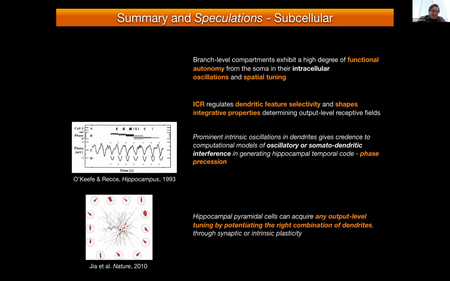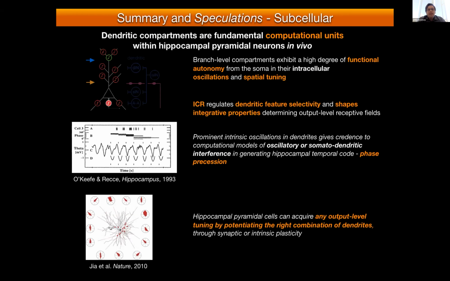We hypothesized that hippocampal pyramidal cells, similar to their neocortical cousins, can acquire any output-level somatic tuning by potentiating the right combination of their dendrites. So all in all, these findings support the notion that dendritic compartments, and in particular branch-level compartments, are the fundamental computational units in pyramidal cells during memory operations.